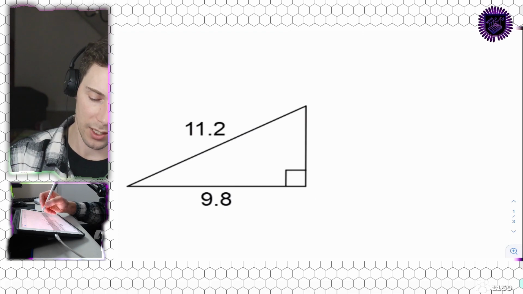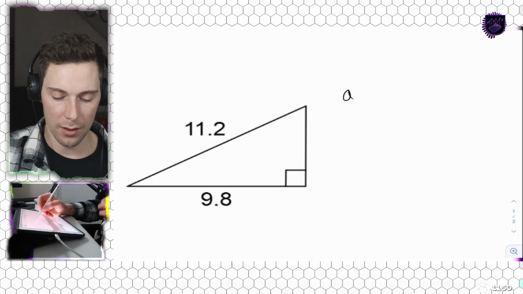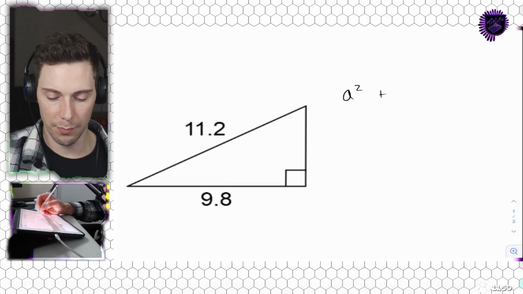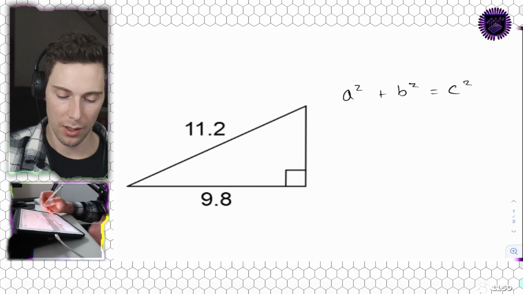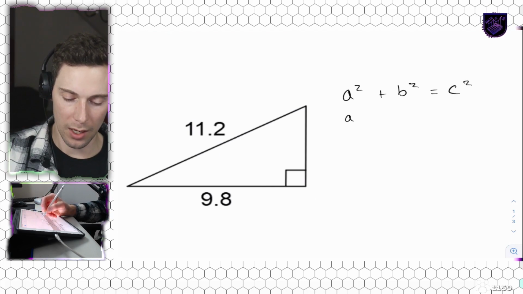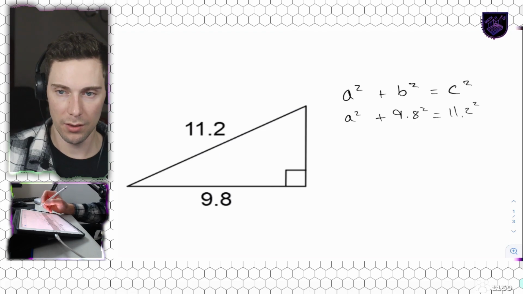11.2 and 9.8. All right, last question here. A squared plus B squared is equal to C squared. And we have A squared plus 9.8 squared is equal to 11.2 squared.